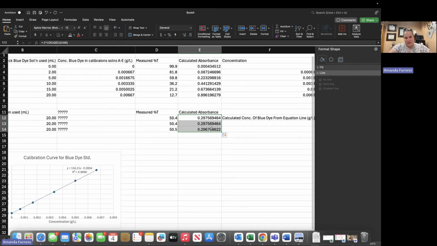What I like to do at this moment is take a look and see, does this make sense? So are my calculated absorbances for my unknown falling within the calculated absorbances for my calibration curve? And yes, they are. My calculated absorbance is 0.298, which means it falls right about the middle. Typically, when you're doing this type of experiment, that's what you would want to see. You would want your unknowns to be within the calibration curve.